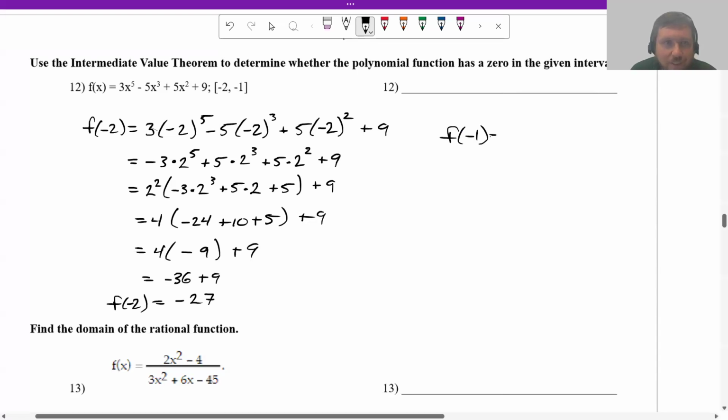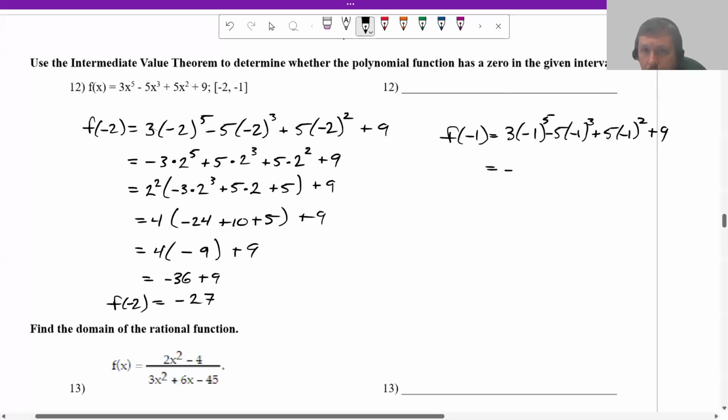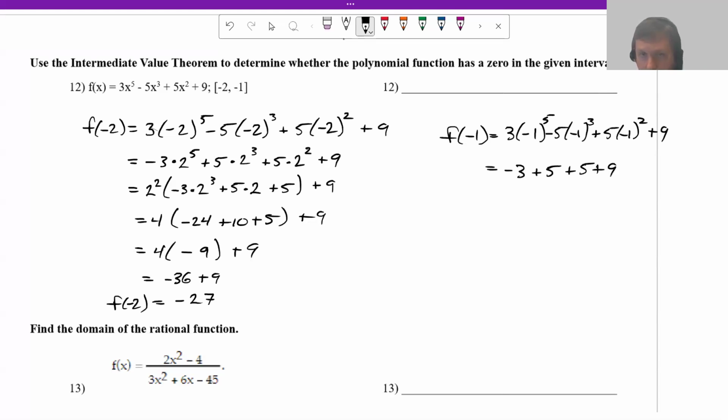f of -1. Okay, let's see. So -3 plus 5 plus 5 plus 9.